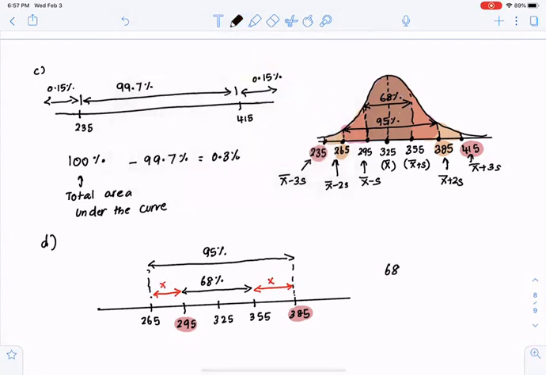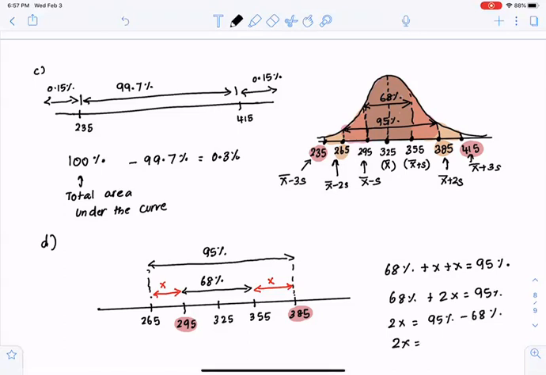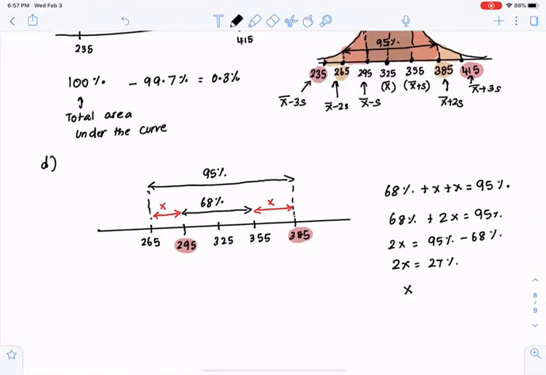So 68% plus 2x would equal 95%. 2x would be equal to 95% minus 68%, so 2x would be 27%. Divide by 2 on both sides, x is 13.5%.